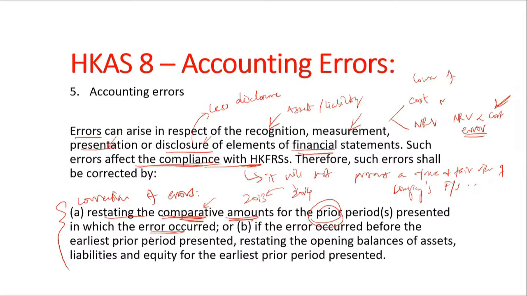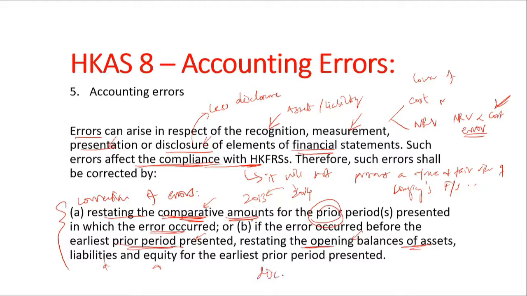If the error occurred before the earliest prior period presented, then the company has to restate the opening balances of assets, liabilities, and equity, depending upon how the error is affecting these assets, liabilities, and equity.